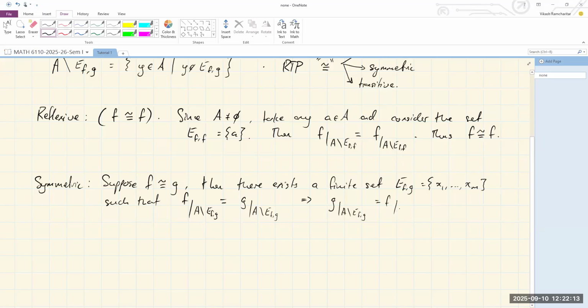I just switch the functions around because it's equality. And that's symmetric. So thus, what have we found? We have found a finite set E_F,G such that the function g, when restricted to this set A minus those points, is equal to the function f when restricted to that same set. So that means g is related to f. So that's symmetric. Symmetric is pretty straightforward.